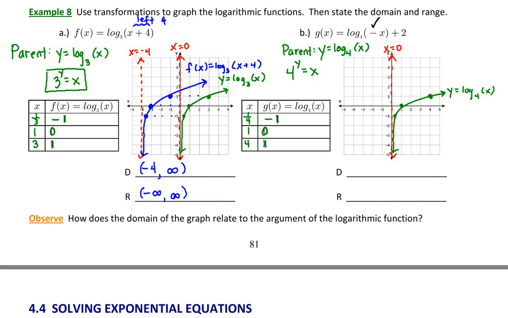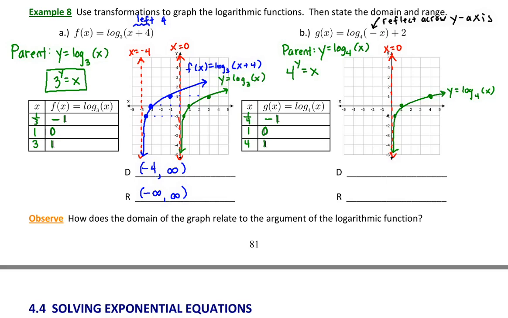Notice we have a negative inside the argument. So when we have a negative inside the argument, that's a reflection across the y-axis. So the asymptote is not going to move, but our 3 key points are each going to reflect across the y-axis.